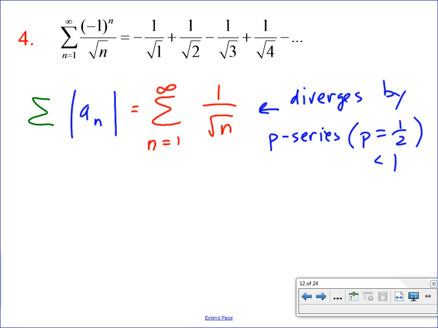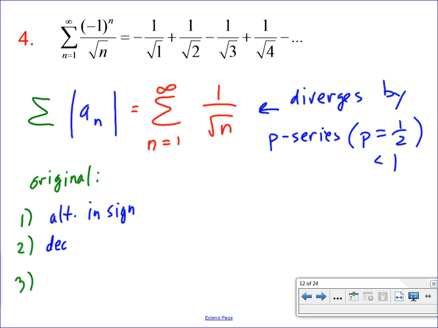So we now still need to consider the original. Can we do 1, 2, 3? Marissa, let's do 1, 2, 3. So what's our 1? Do the terms alternate sign? Yes, so we've got alternating sign. Check. Do the terms decrease in magnitude? Yep.